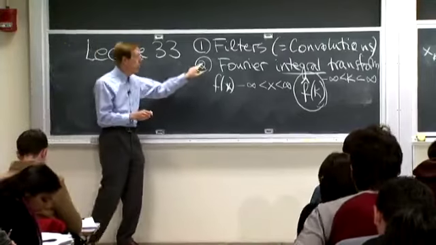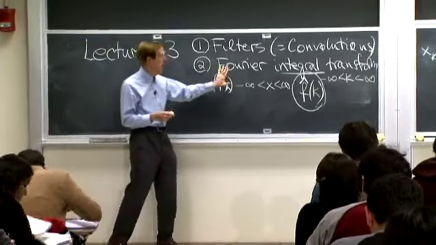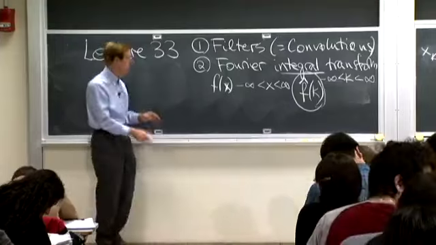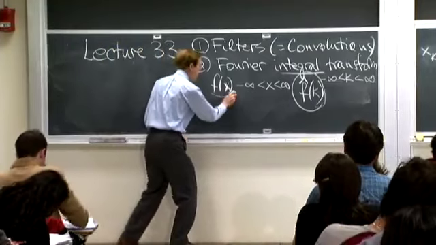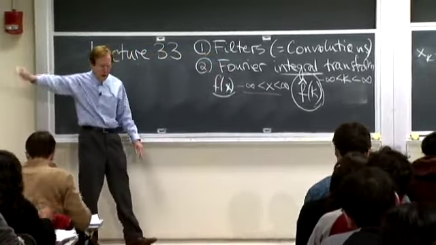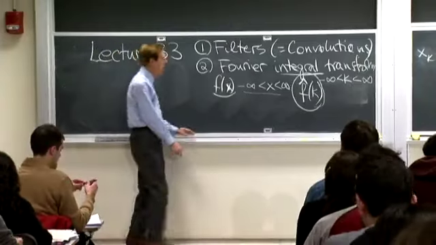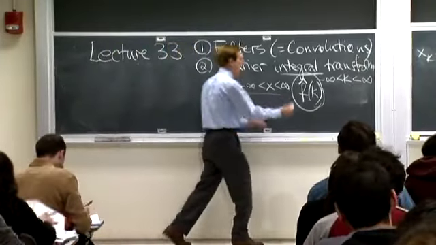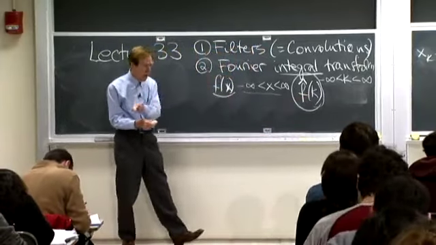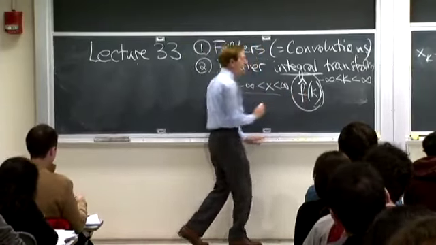Okay, but then I do want to go on to the Fourier integral part, and basically today I'll just give the formulas. So you've got the Fourier integral formulas that take a function f defined for all x, now on the whole line, like some bell-shaped curve or some exponential decaying, and then you get its transform. I could call that c of k, but a more familiar notation is f hat of k.